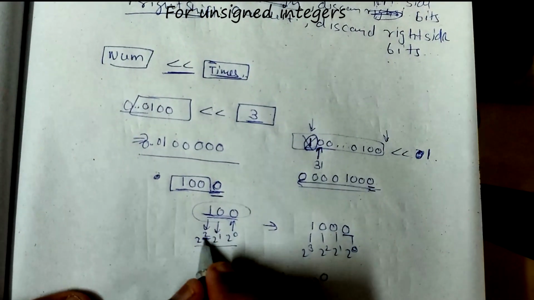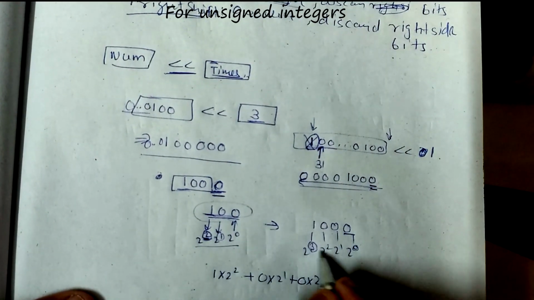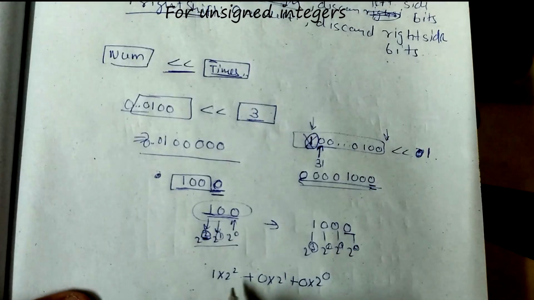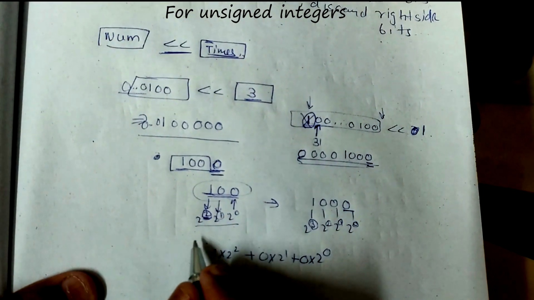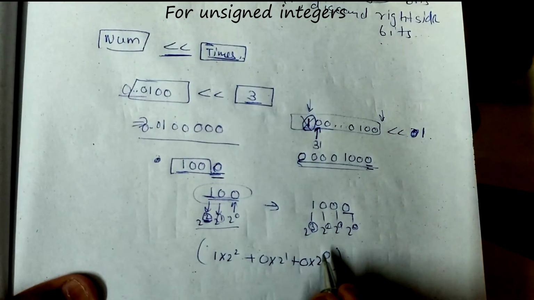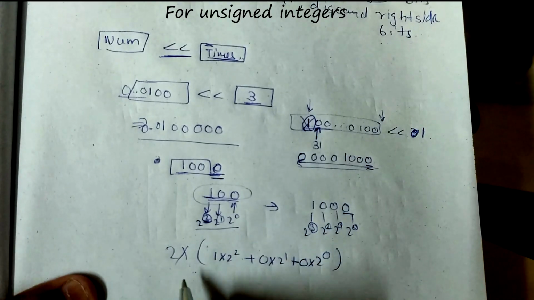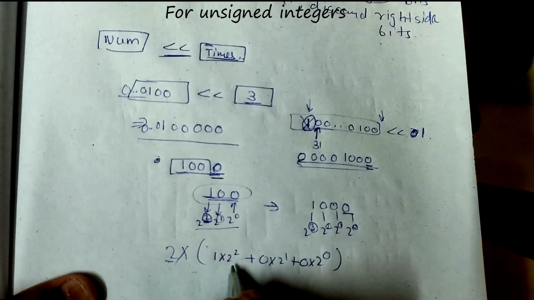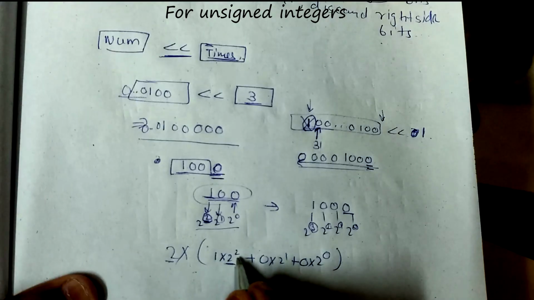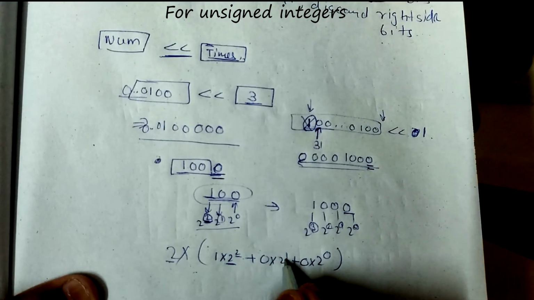So each power got increased by 1. That is the same as saying if I had multiplied this by 2, these 2's get multiplied and it increases the power by 1.